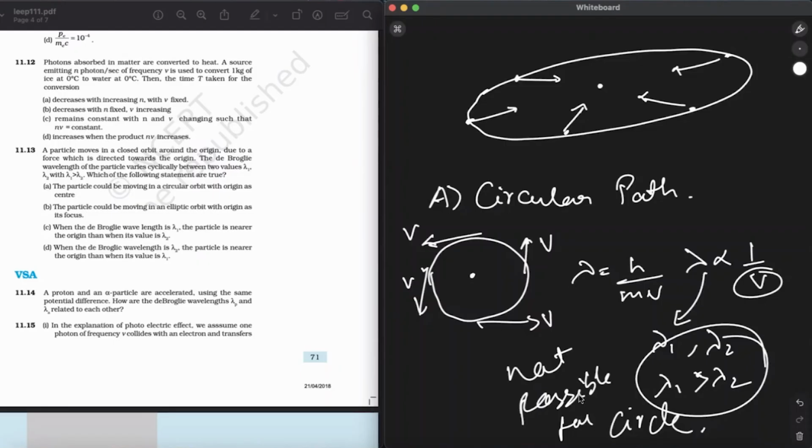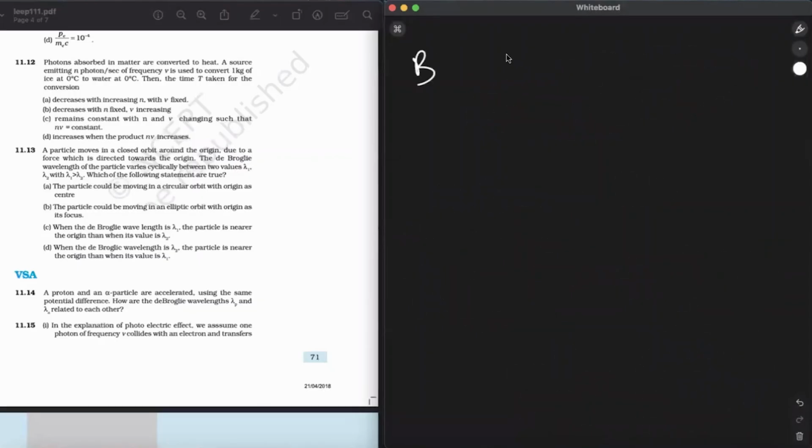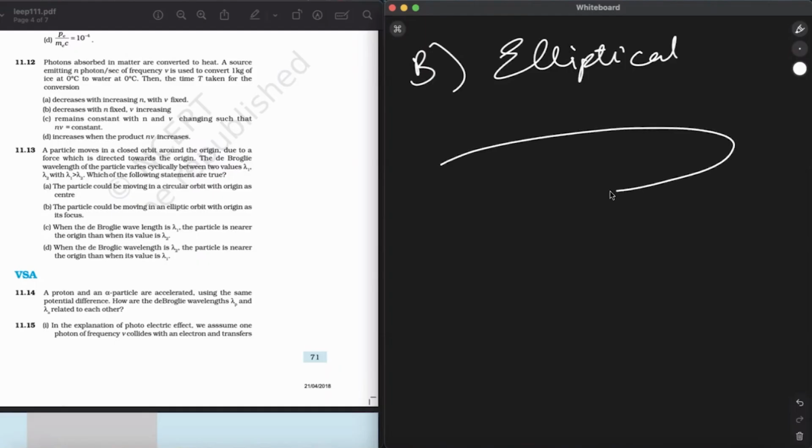Now, let me imagine another case. If I say that it is an elliptical orbit, as given in the options, let's check for elliptical. So this is an ellipse. This is a focus F1, this is a focus F2, and both can act as the origin. So if I say that this is the origin, this is the diagram for it.